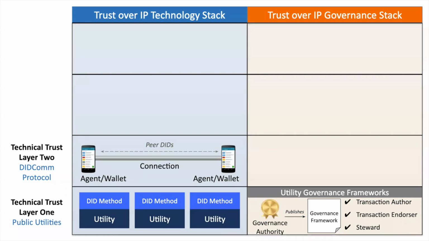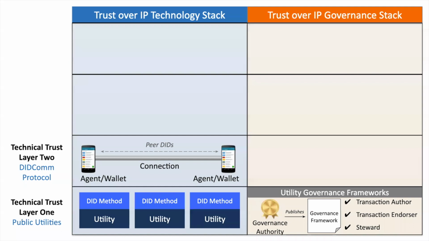And the focus here is on what we call peer DIDs. These are DIDs that are intended for these pairwise communications more than they're intended for public operation. Public DIDs also surface a little bit at this layer, but I'm going to focus more on the peer DID side. What the peer DIDs connect on either side of this secure pipe is software that we call an agent, and the agent has the capability of storing sensitive data in a wallet.